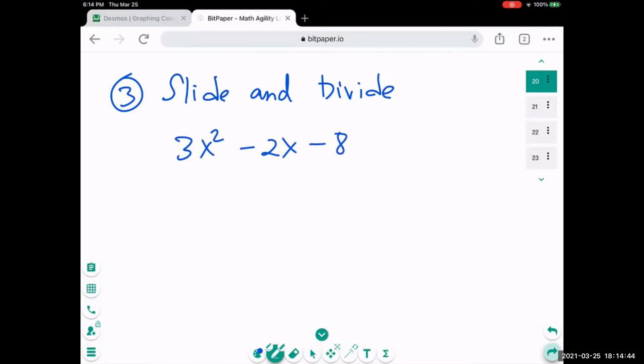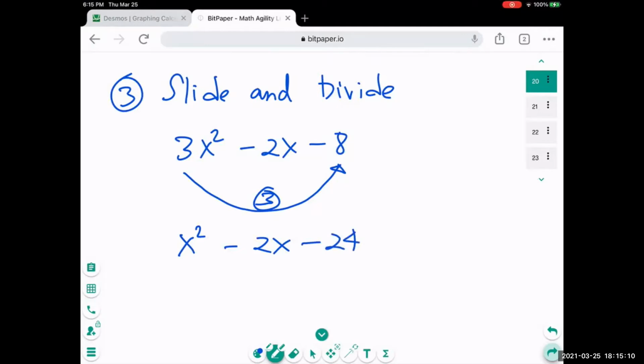So sa slide and divide, ano ang una natin gagawin? So kung ano yung nasa A, so i-slide lang natin dito sa negative 8 and mumultiply natin siya dun sa third term. So, ang mangyayari, yung 3, pag in-slide natin and multiply to negative 8, matitira dito would be x squared minus 2x minus 24.